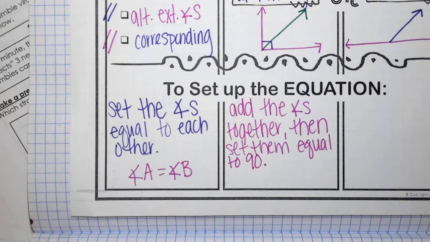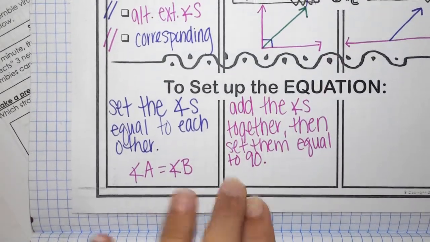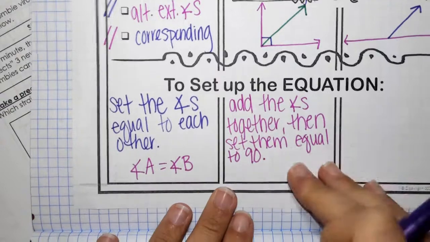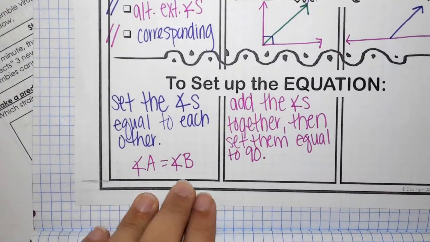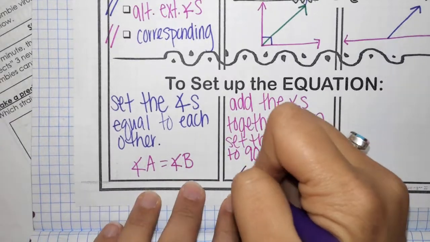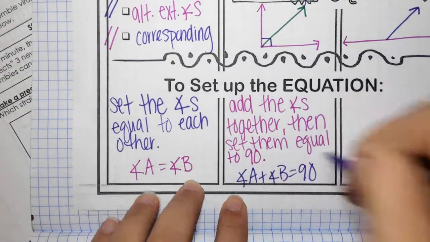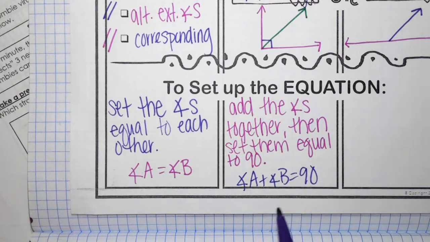Okay, so if angle A and angle B are complementary, how would I set up that equation? Besides Gryffindor. Oh, I got it. Good, take a point. My question was, if angle A and angle B are complementary to each other, how would we set up the equation?